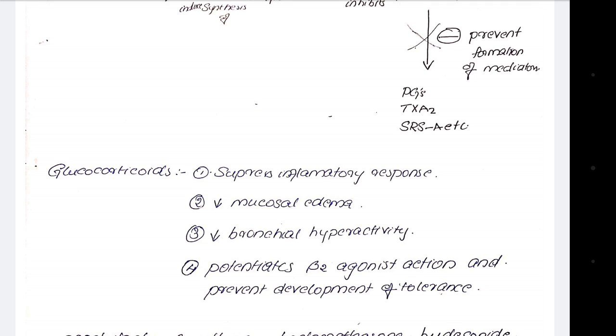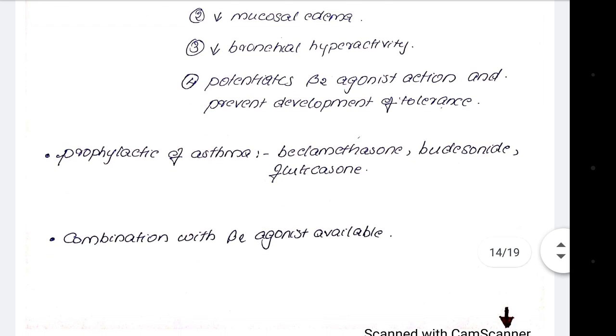I repeat, long acting beta 2 agonists cannot be given as such. They should be given only in combination with glucocorticoids. Glucocorticoids are given as a prophylactic of asthma. Inhalational glucocorticoids are given as such, that is beclomethasone, budesonide, and fluticasone.